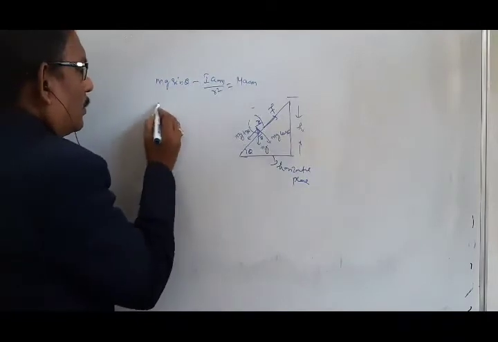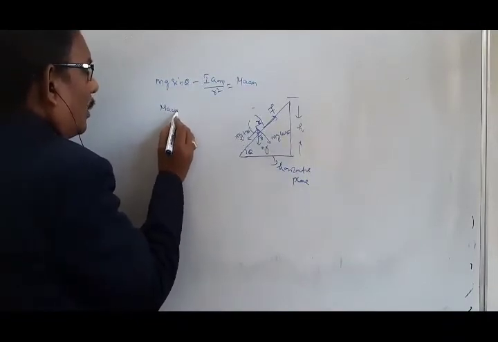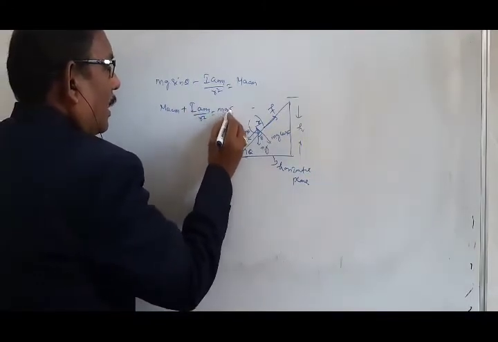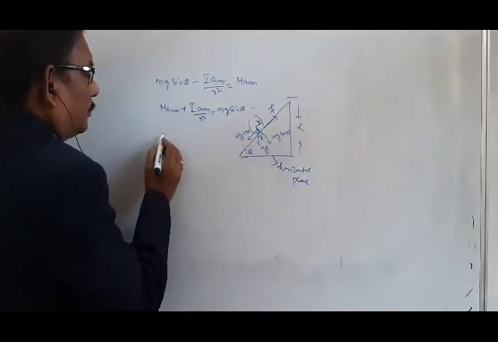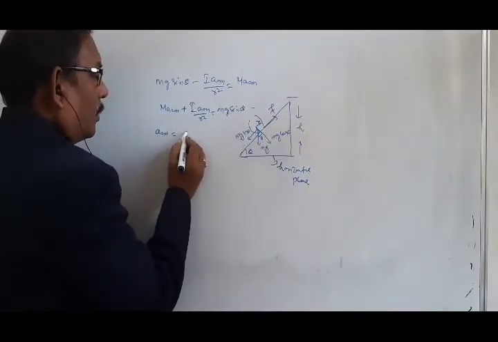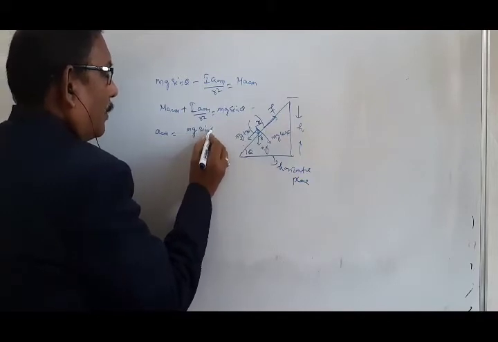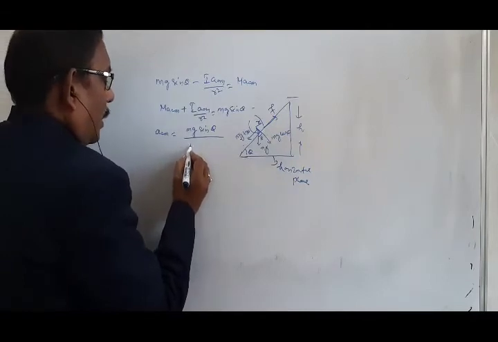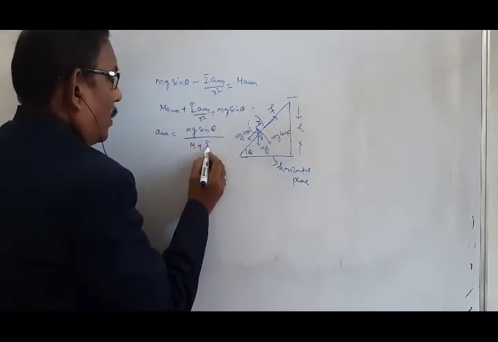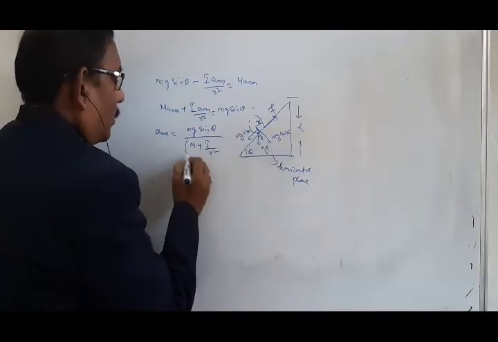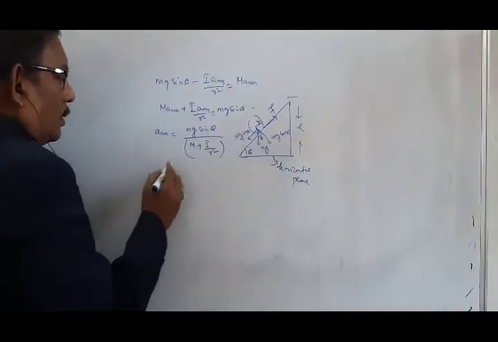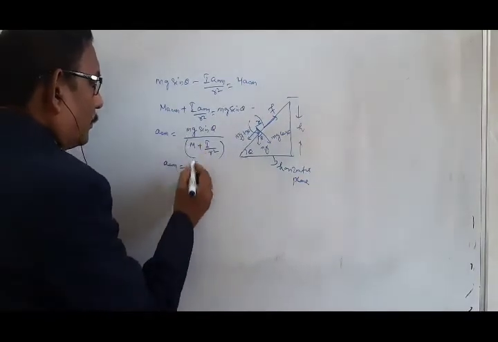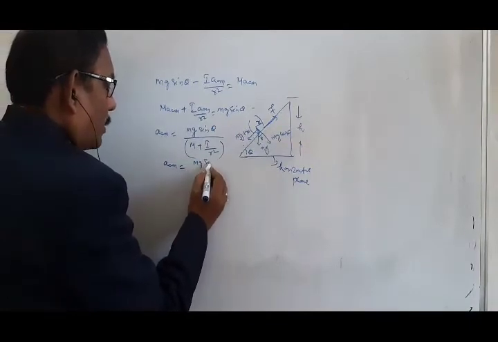Now if we solve these equations, a_cm = mg sin θ/(m + I/R²).